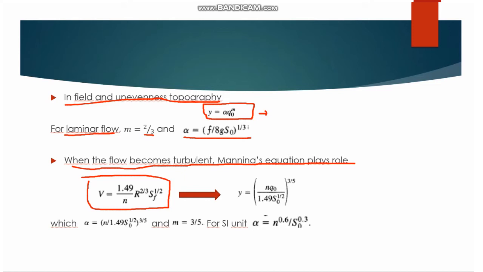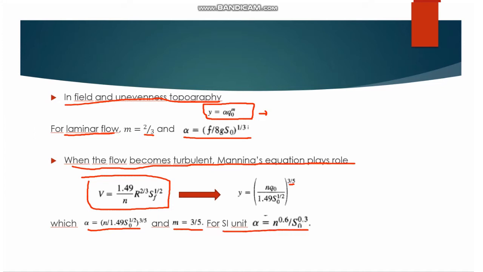When you plug this in and solve for y, y is equal to n q0 over 1.49 s0 to the 1 over 2, all to the power 3 over 5. So alpha here is n over 1.49 s0 to the 1 over 2, to the power 3 over 5, and m is 3 over 5.